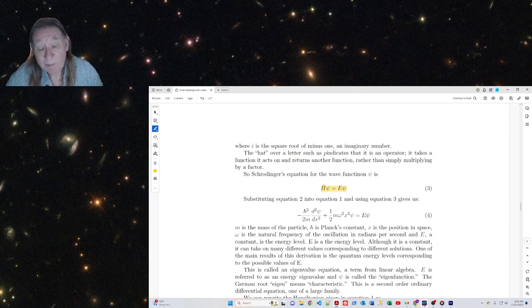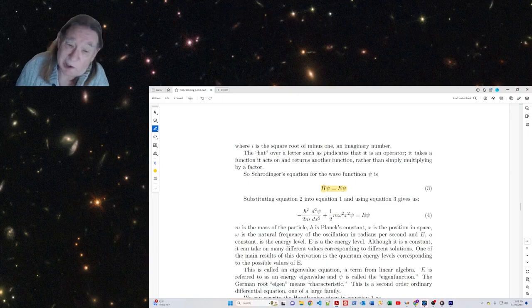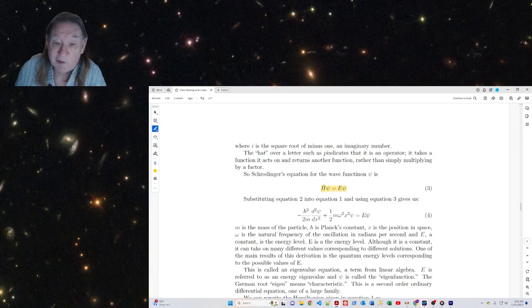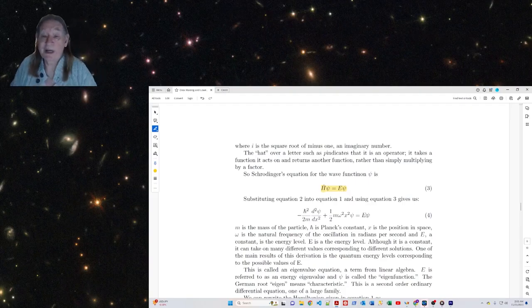In this type of problem, the energy is constant, but we need to be clear about that. There's more than one solution to this equation. There are different solutions, and for different solutions, the value of E may be different, and in fact, for the harmonic oscillator, it is. So E has multiple values, but there are gaps between energy levels.